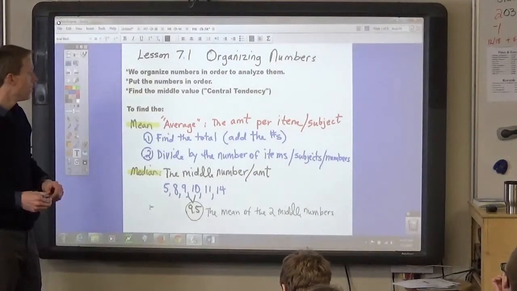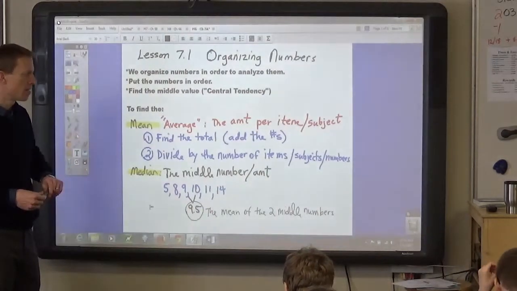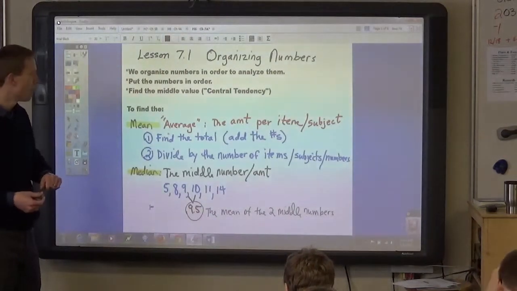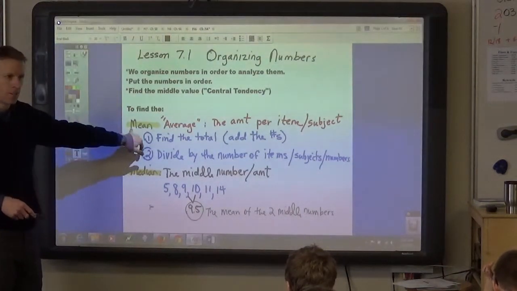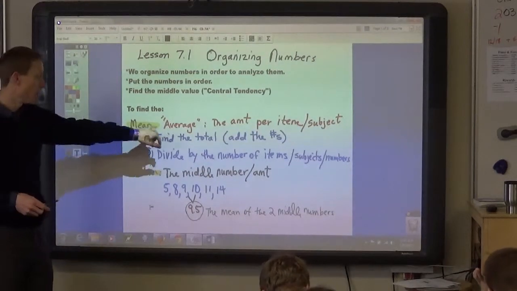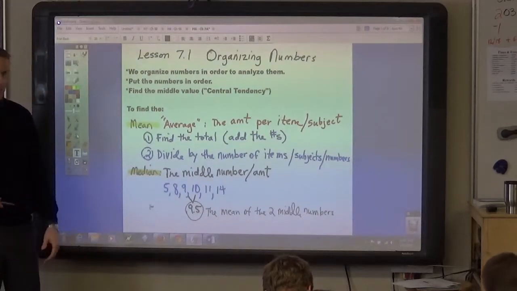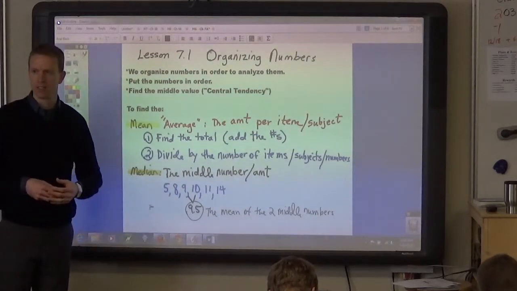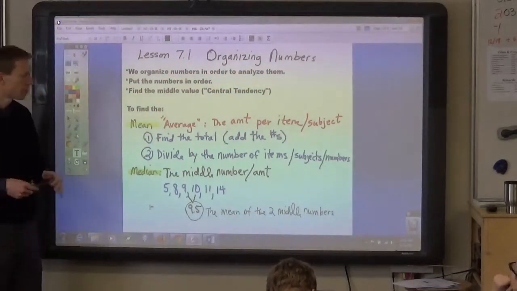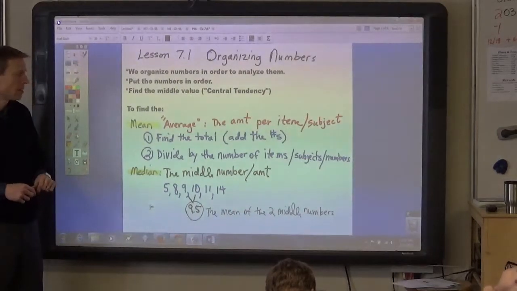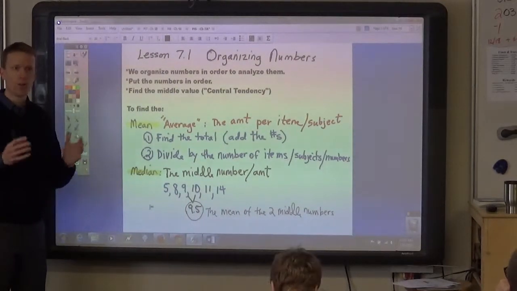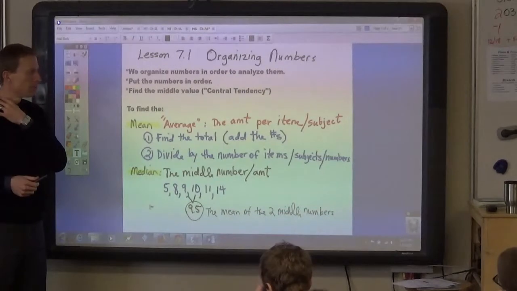Then we can analyze the middle by finding the mean, which is another way to say the average. You're probably used to hearing average instead of mean, but the mean is one of the ways to find the middle amount.